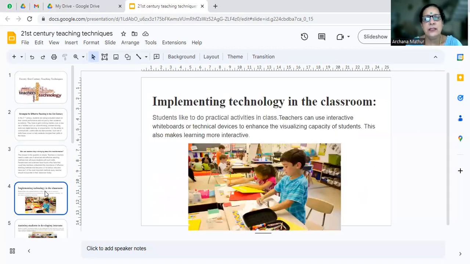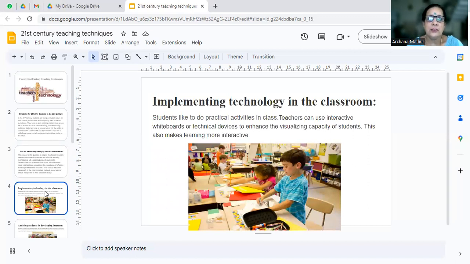The first one is implementation of technology in the classroom. Now, how do we implement technology? We can't carry huge equipment into the classroom, but today most of the teachers are using the smart boards, and also pen drives can be used to do certain presentations. We have flipped classrooms and all these new methods have come up in the classroom.